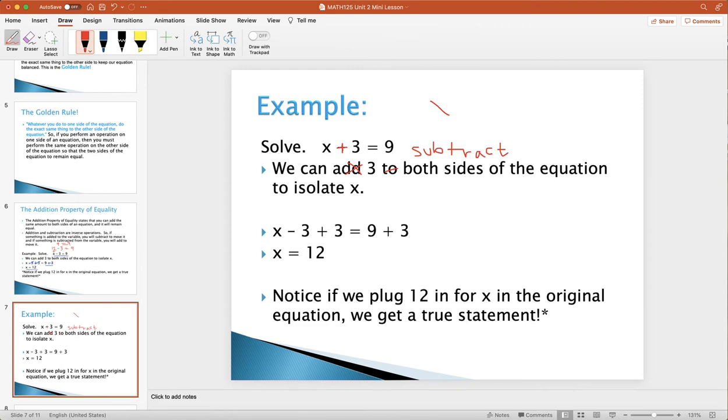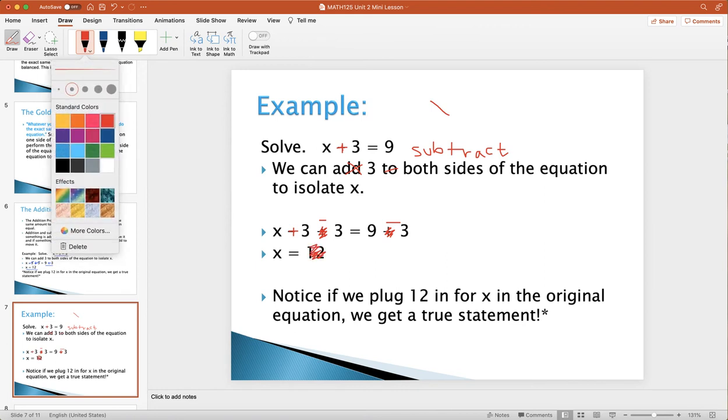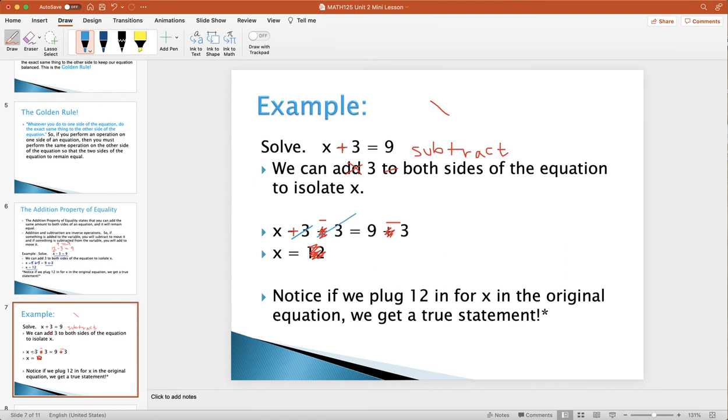So this would be 9 minus 3 now. And this was x plus 3. Now this becomes minus 3, right? So I just subtracted 3 on both sides. So the plus 3 and the minus 3 on the right are eliminated.